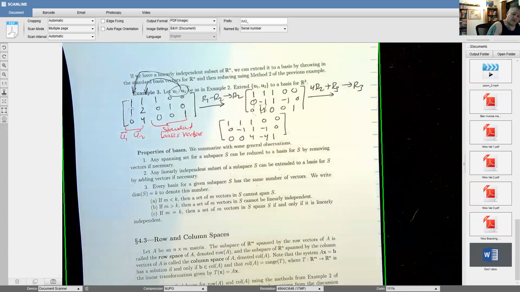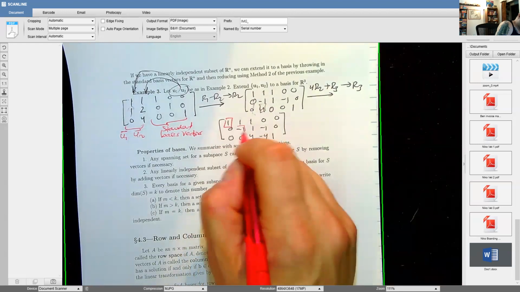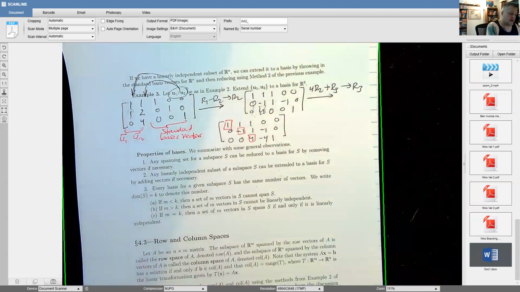Now that's in echelon form. There are no 0 rows, so you identify the pivots, which happen to be right there.